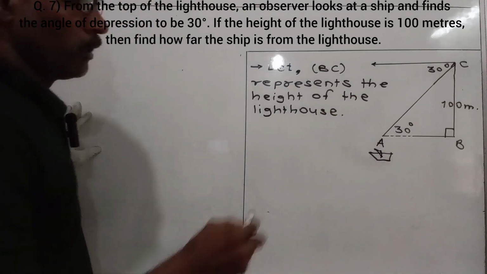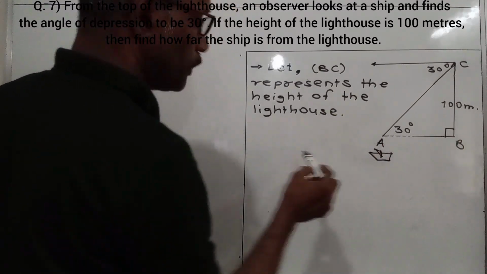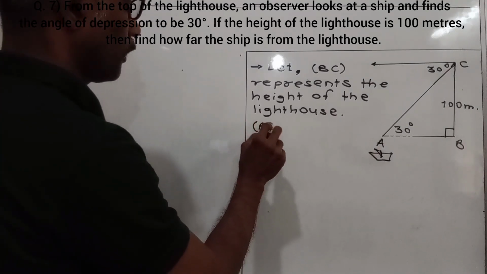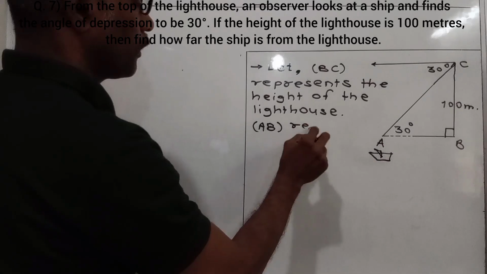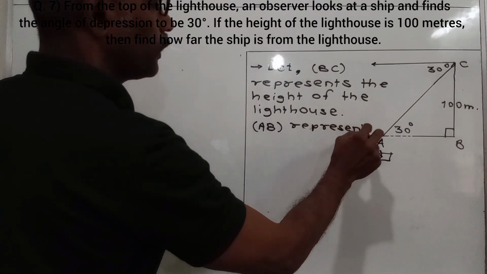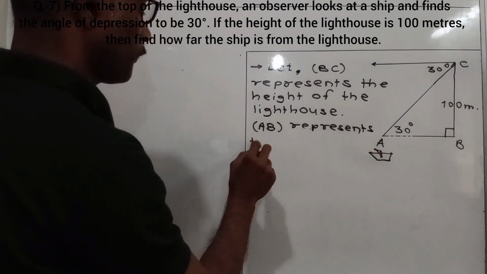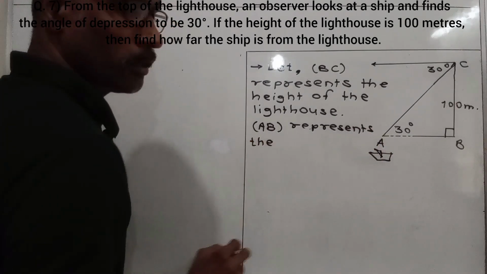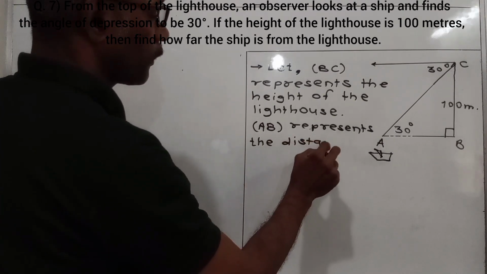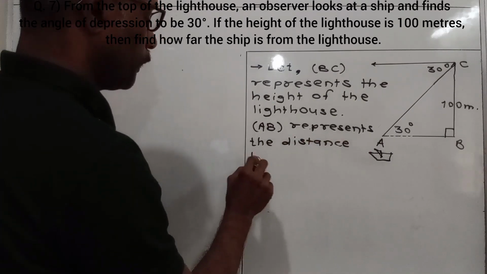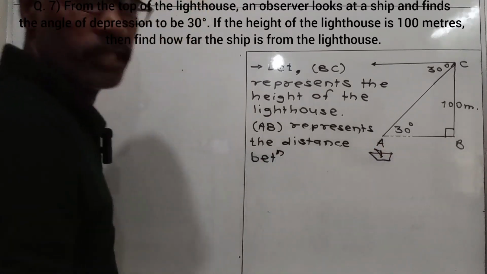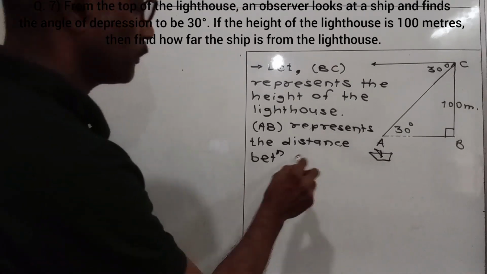Lighthouse. Okay. Now here this AB represents the distance between the ship and the base of the lighthouse.